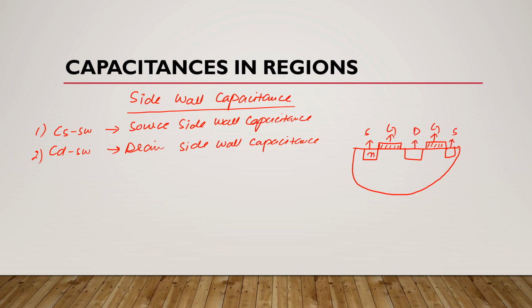This is of n-type, this is of n-type, and this is of n-type. Now look at this region only. Here, drain sidewall capacitance will be here, and source sidewall capacitance is here.